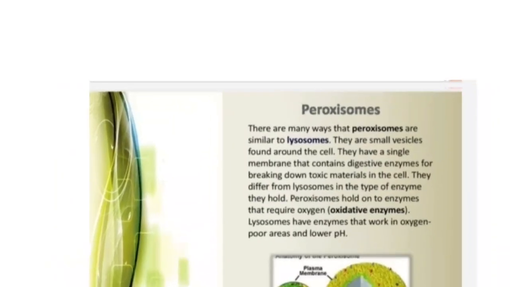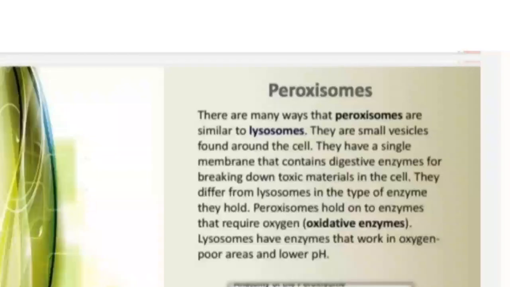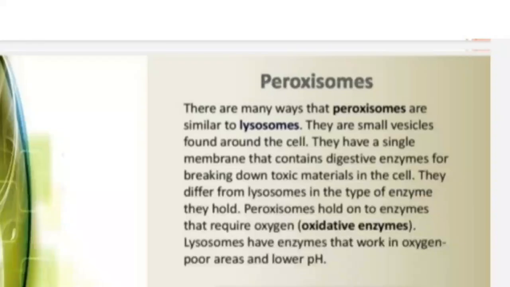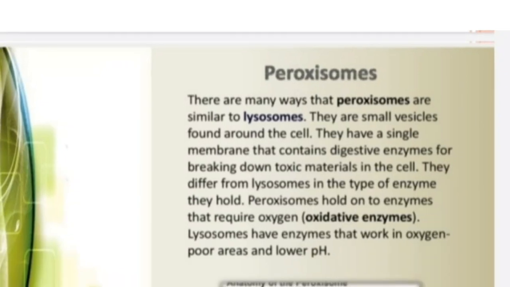They differ from lysosomes in the type of enzyme they hold. Peroxisomes hold enzymes that require oxygen, that is oxidative enzymes. Lysosomes have enzymes that work in an oxygen poor area and pH.